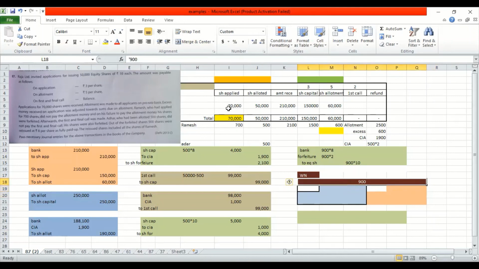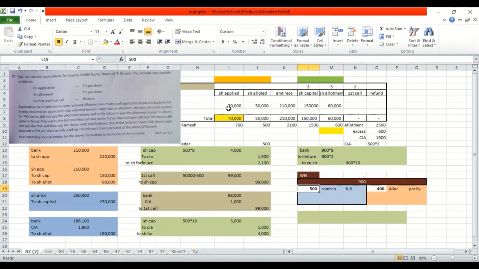So I'm going to write over here Ramesh, and over here I'm going to write Aadhar. Now what happened is they have used Ramesh's complete share. That means how many shares of Ramesh? 500. So Aadhar's how many shares are you using? 400, isn't it? So this is your fully reissued and this is called partly reissued. This is what we have to understand.